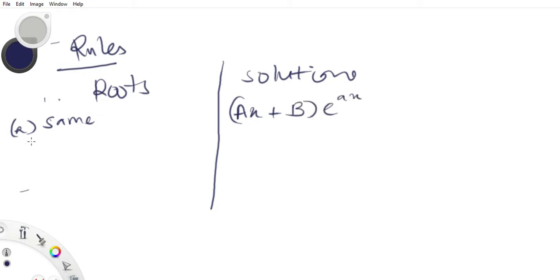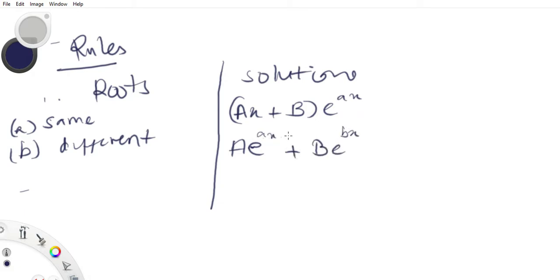And if the roots are different, the solution is a e to the ax plus b e to the bx. These are small a and b on the top of the e on purpose.